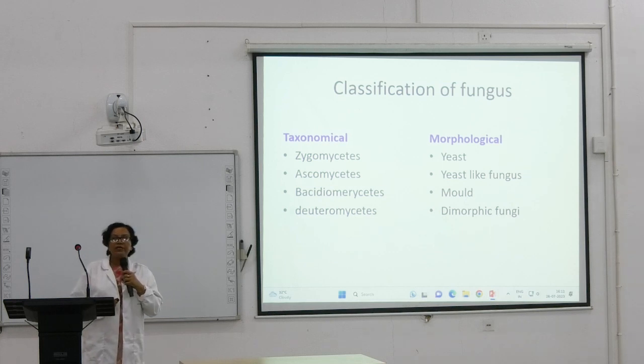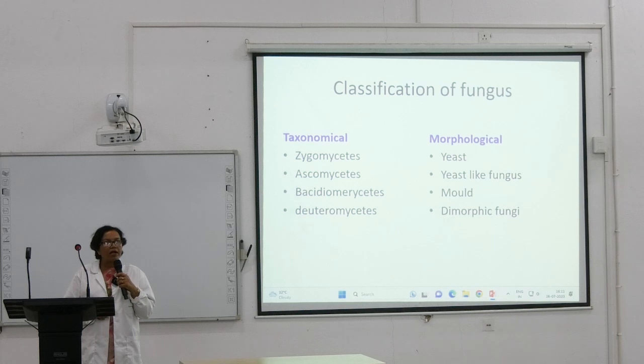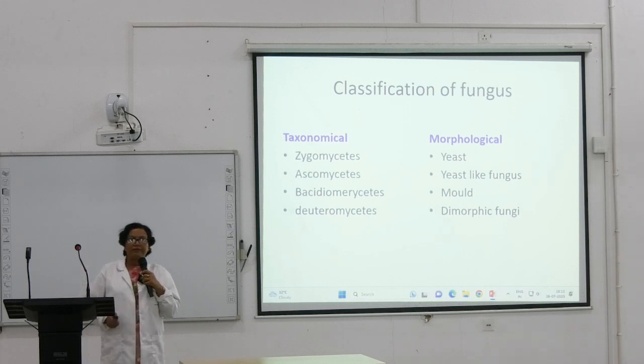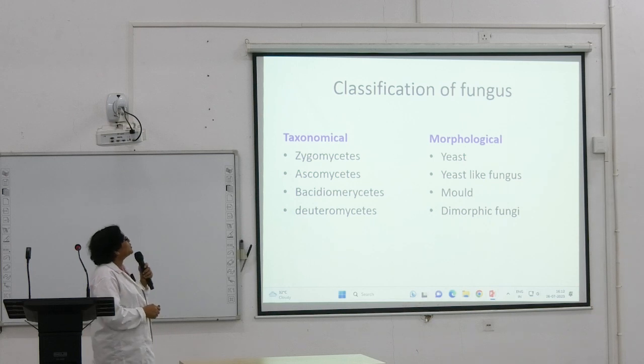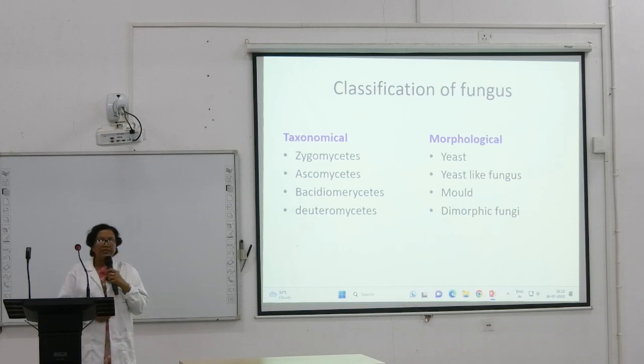There is a lot of new terminology which is very difficult to utter, but you have to keep it in mind. So taxonomically, there are zygomycetes, ascomycetes, basidiomycetes and deuteromycetes or fungi imperfecta.